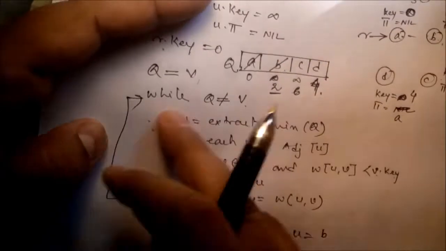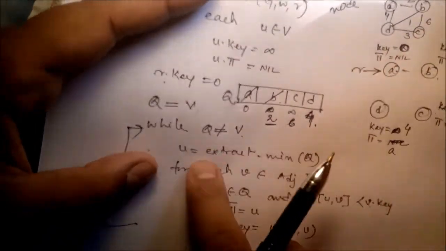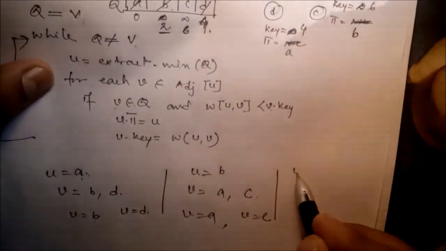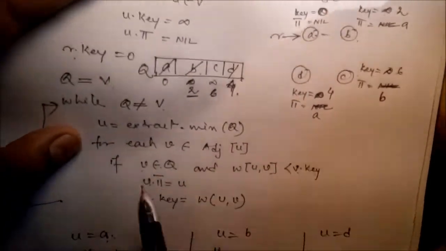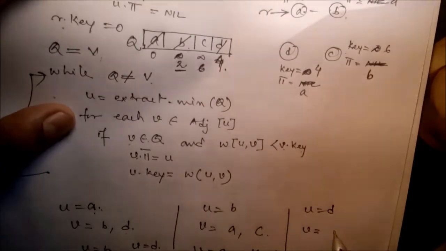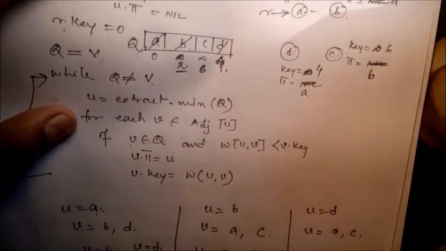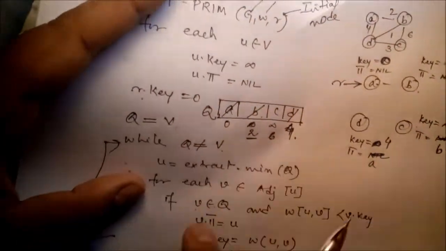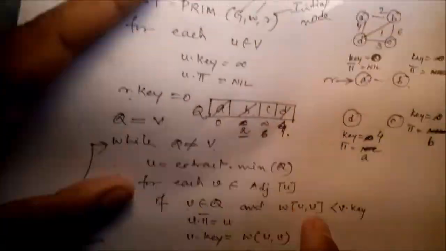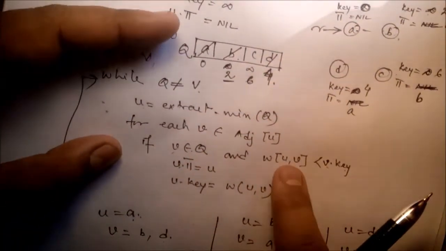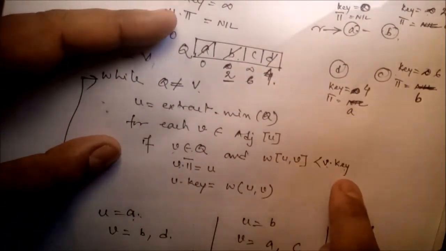Next, once again, extract min, so D. So U is equal to D. Now for each V adjacent, the adjacent nodes of D are A and C, but A is not part of the Q, so don't do anything. Now C is a part of Q. Then check if the weight between UV is less than the Q key.